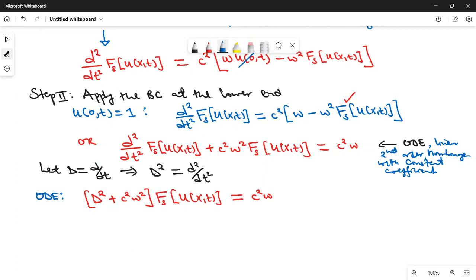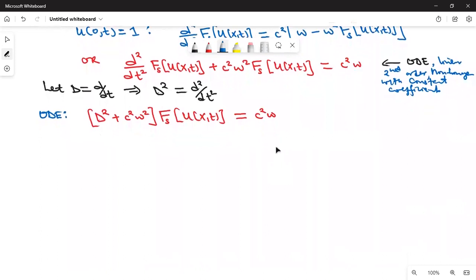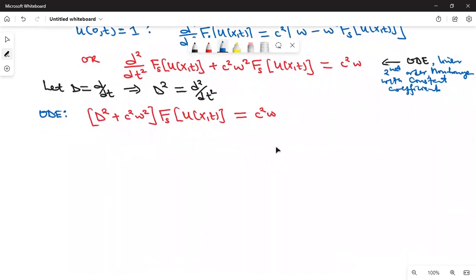So how do we solve this kind of equation? There are two types of solutions. The first one is the complementary function, and the other one is the particular integral. So let's start by finding the complementary function.